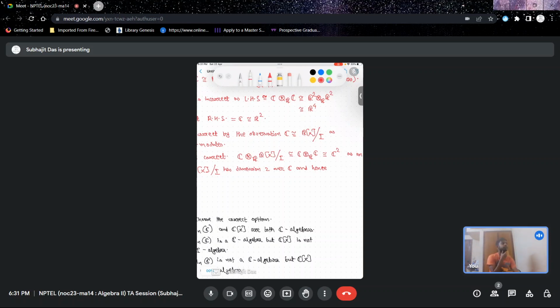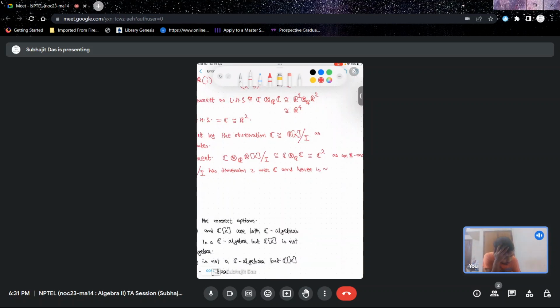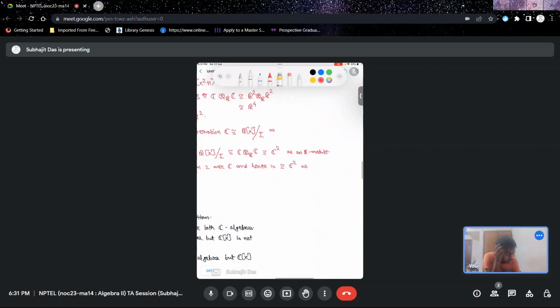I hope I am doing it correctly. Yeah, so it has dimension 2 over C, and hence is isomorphic to C2 as a C module, and hence as an R module.